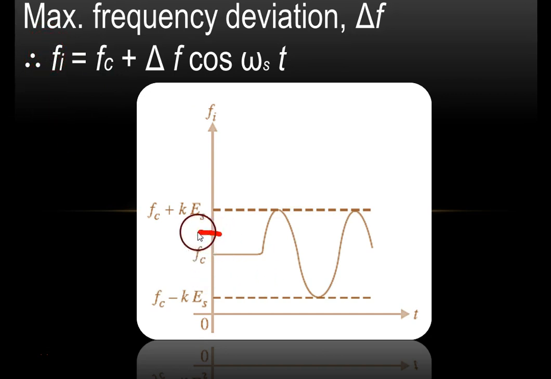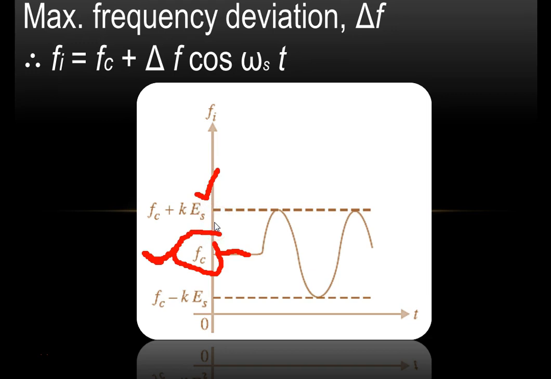Now this is the central frequency of the carrier. It is constant, but when the modulating signal comes, it starts varying, and its variation is sinusoidal, because our modulating signal is sinusoidal.